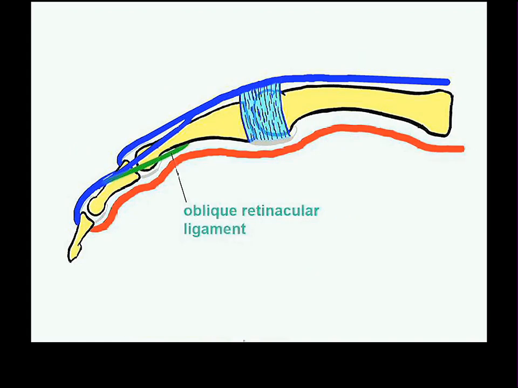There's another structure associated with this extensor expansion. This is called the oblique retinacular ligament. The oblique retinacular ligament runs from the lateral band on either side and runs across the side of the PIP joint and attaches to the shaft of the proximal phalanx.